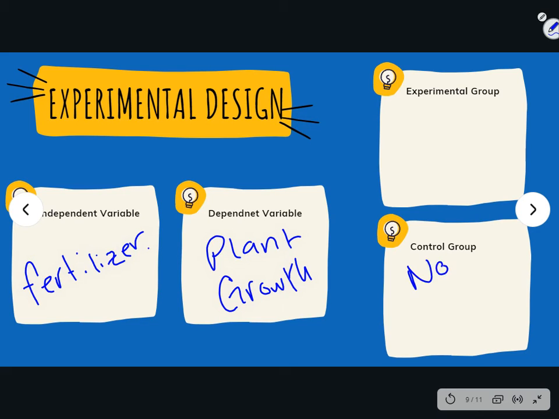So our control group is no fertilizer because we need that standard to compare it to. If we give all of our plants fertilizer, we don't have a standard. If they shrink, we wouldn't know because they would all do the same thing in theory. So our control group is no fertilizer. What's our experimental group? With fertilizer.